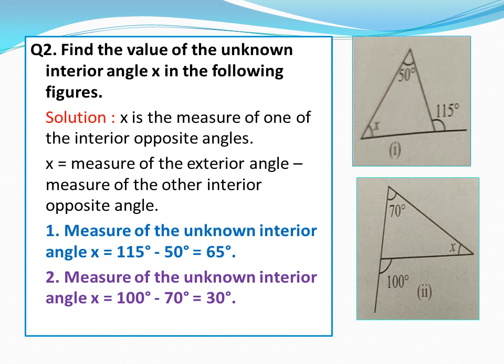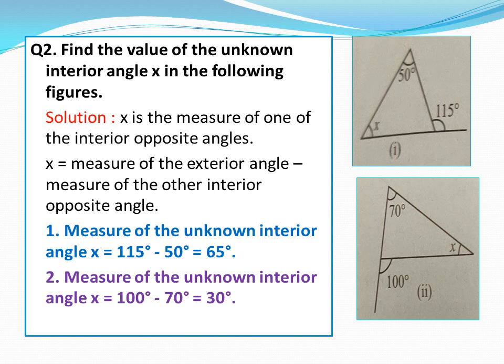Here we can find 100 degrees minus 70 degrees, that is equal to 30 degrees. 100 degrees is the measure of the exterior angle minus 70 degrees, the measure of the other interior opposite angle. Then we'll get 30 degrees, that is the other interior opposite angle.